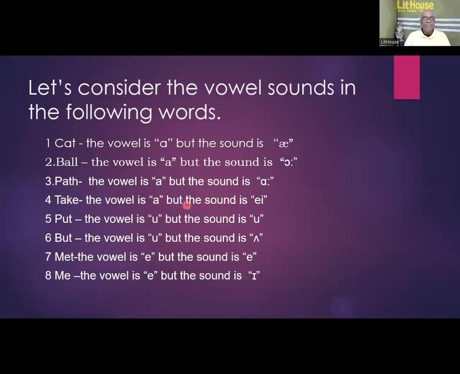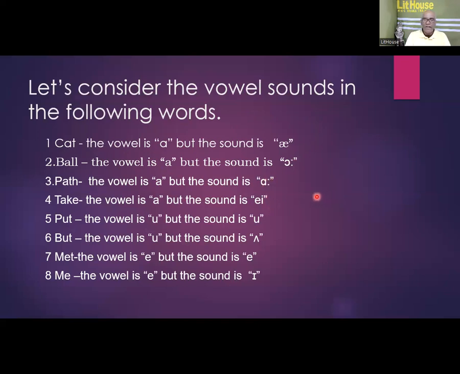Now, go to the fourth example. Take. The vowel is A again, but the sound is different. Now, you can see in these 4 words, the same vowel A produces four different sounds. Okay.